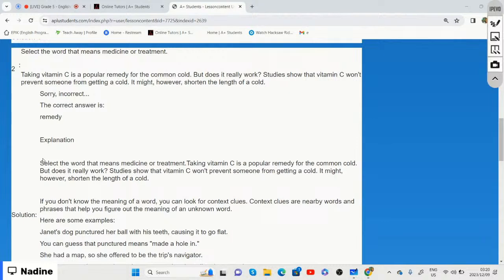But does it really work? Studies show that vitamin C won't prevent someone from getting a cold. It might, however, shorten the length of a cold.